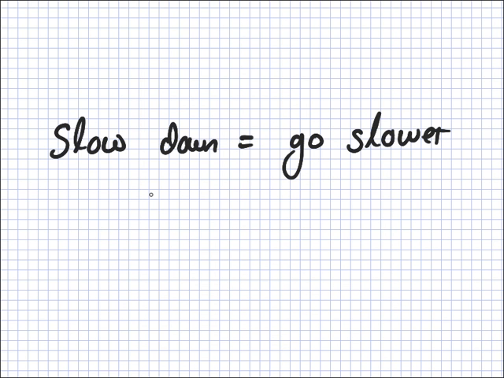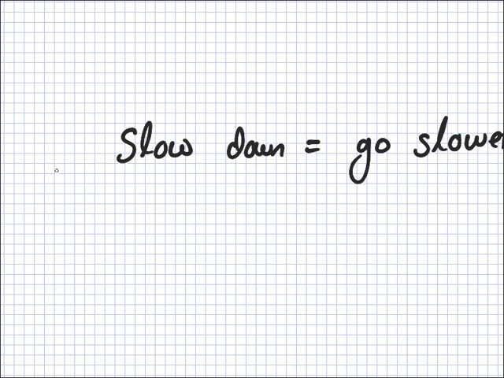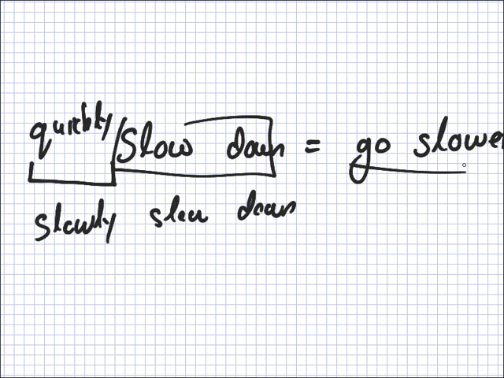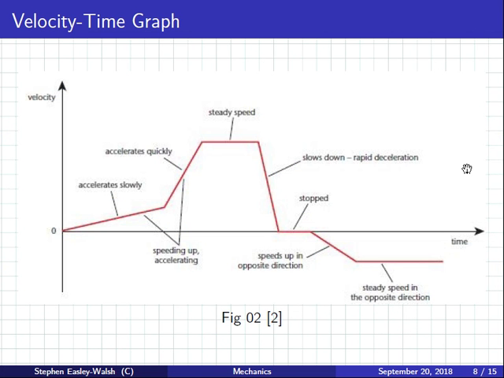It doesn't mean how quickly. So you would need to put an adverb here, like quickly slow down or slowly slow down. So that just means go slower. Good question, though.